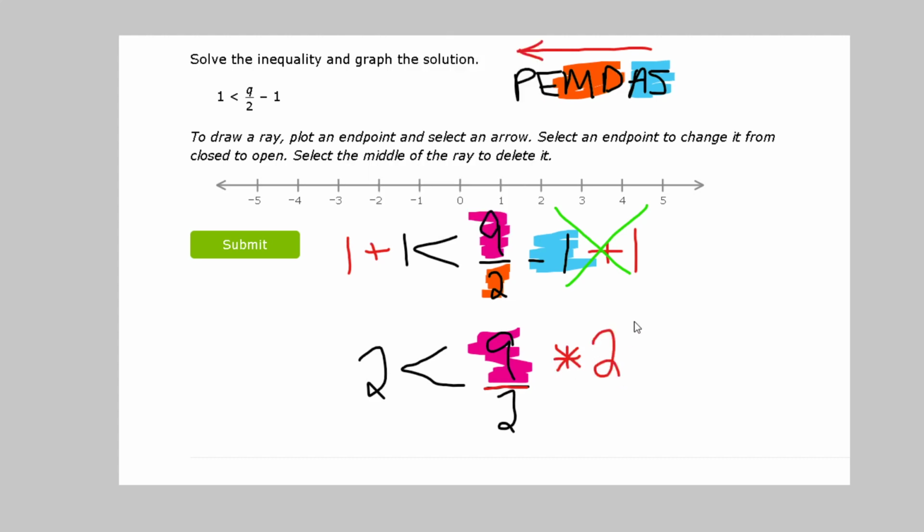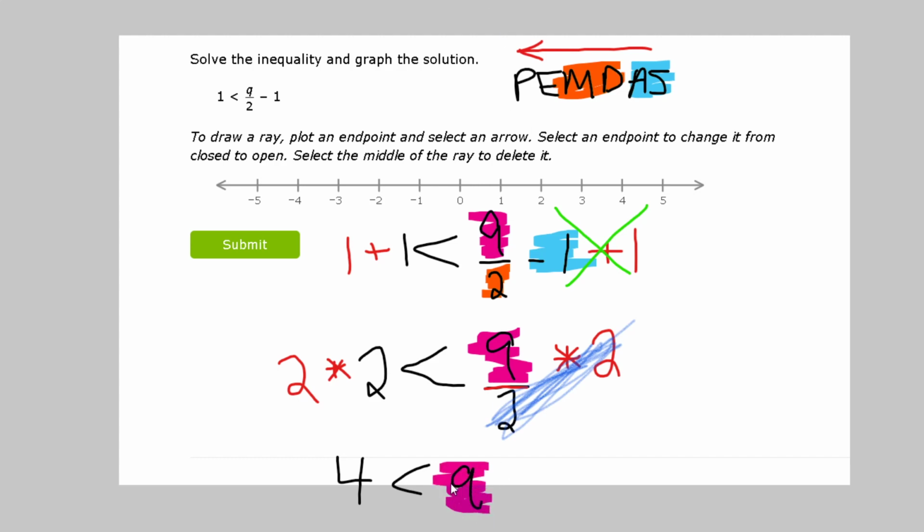So these cancel out, but we have to do the same thing to the left side. On the left side, we have 2 times 2, which is 4. So 4 is less than, well, the 2's canceled out, so 4 is just less than q.